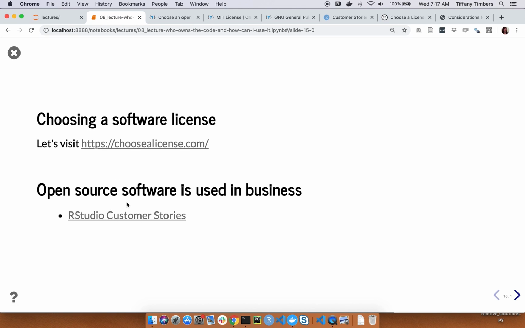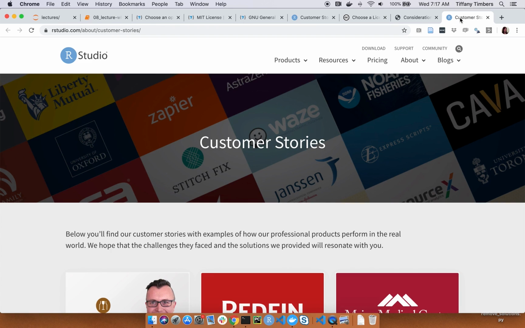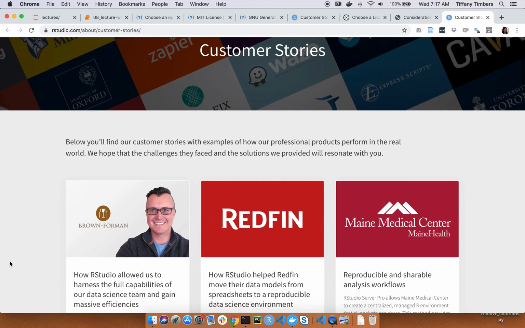Okay, so I also wanted to make the point that open source software, even if it has a GPL license, still can be used in industry and business. Here is an example of customer stories from RStudio.